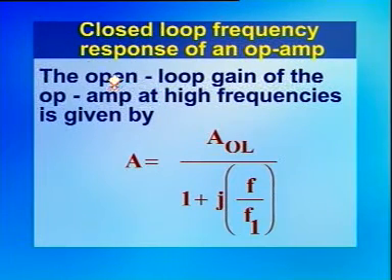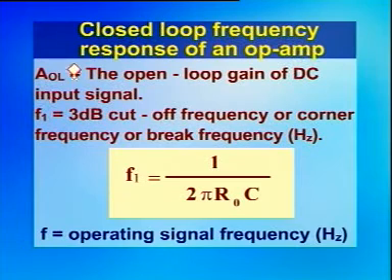The open loop gain of the op-amp at high frequencies is given by A equal to AOL by 1 plus jf by f1, where AOL equal to the open loop gain for DC input signal, that is at f equal to 0, f1 equal to the 3 dB cutoff frequency, that is equal to 1 by 2 pi R0 C, and f equal to the operating signal frequency.